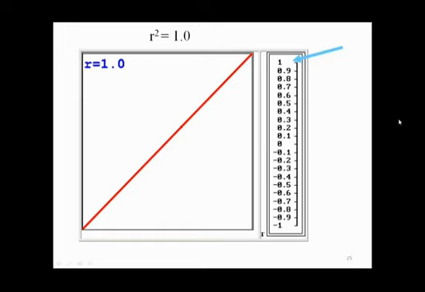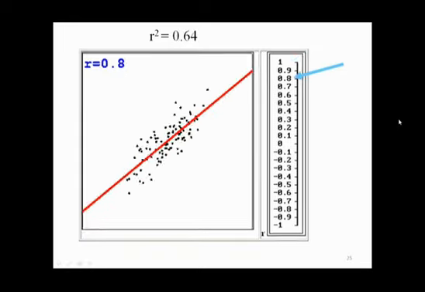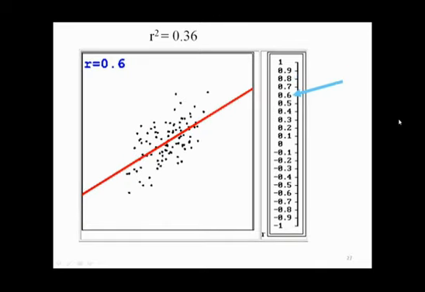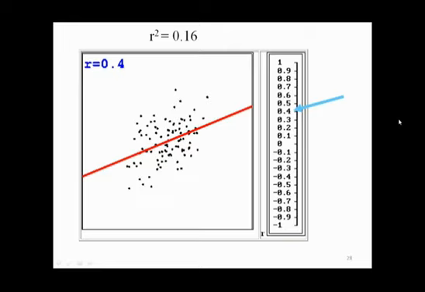If you had an R equals 1, that means that there's a 1-to-1 relationship between the x variable and the y variable, and all the data would line up in a nice straight line. Now, if it's 0.8, you see some spread in the data. 0.6, you see more spread. 0.4, is there a relationship between the x variable and the y variable? Well, not so much.